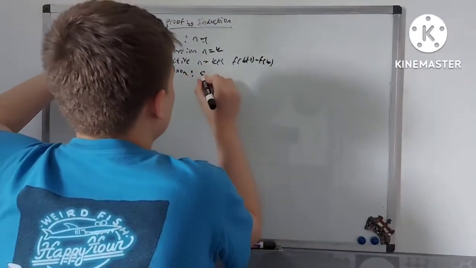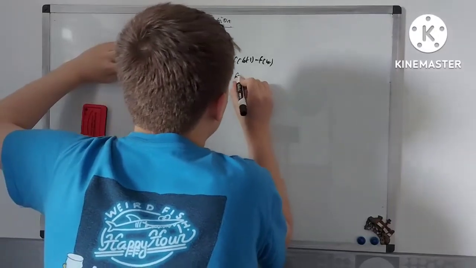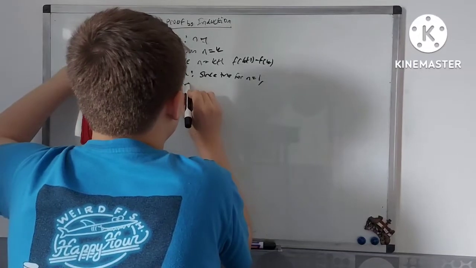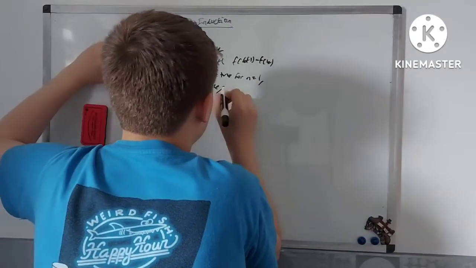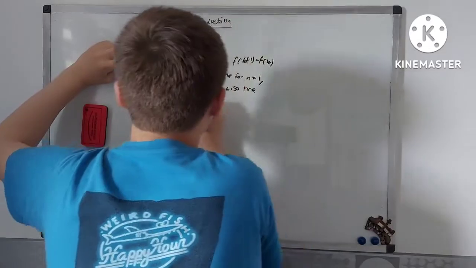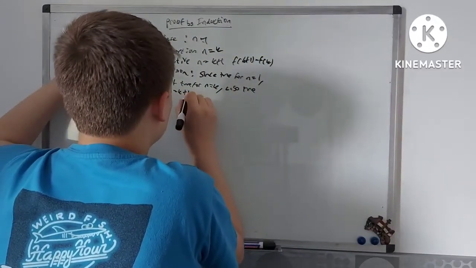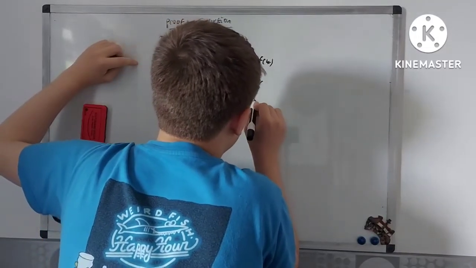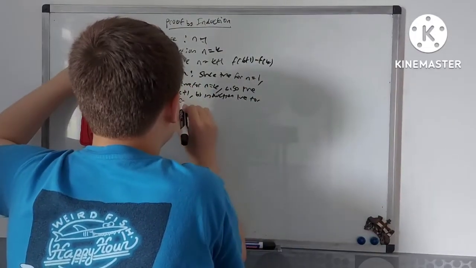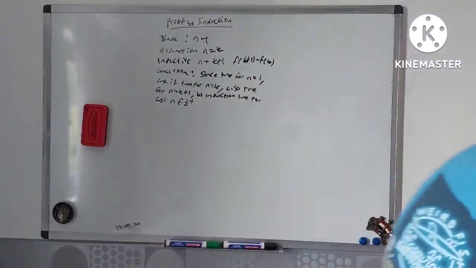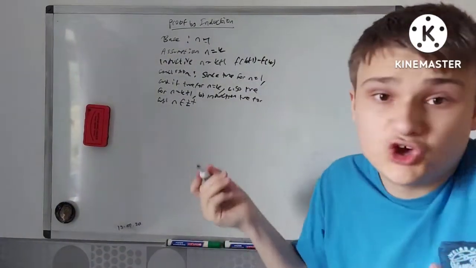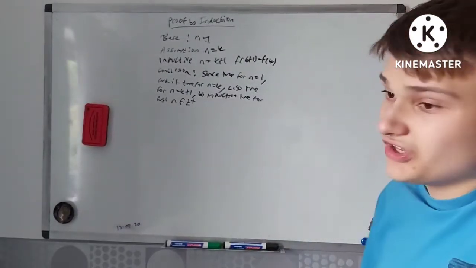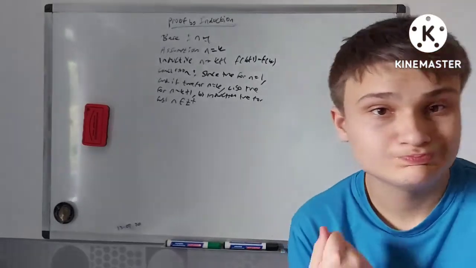The conclusion step: since true for n equals 1, and if true for n equals k, also true for n equals k plus 1, by induction, true for all n belonging to the positive integers. That's just a form I did get learning and then just write it out whenever you need to. That's basically what you need for your conclusion for proof by induction.